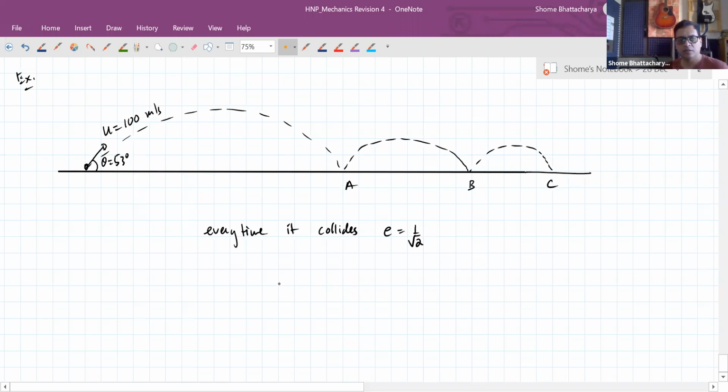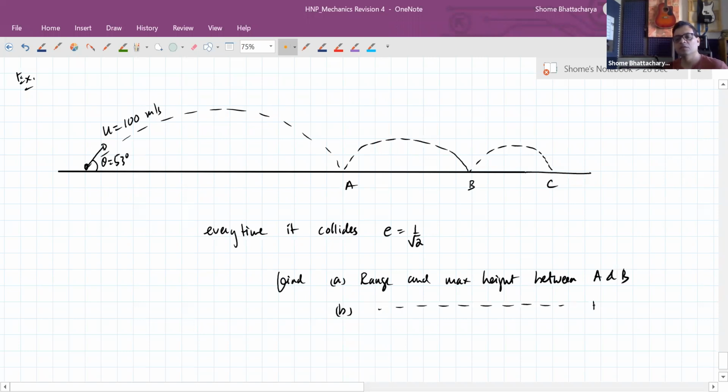So we have to find the range and maximum height between A and B, that is the first impact and the second impact. And then once again, the range and maximum height between B and C. Take g equal to 10 meters per second square. Standard value. Just try this out, people.